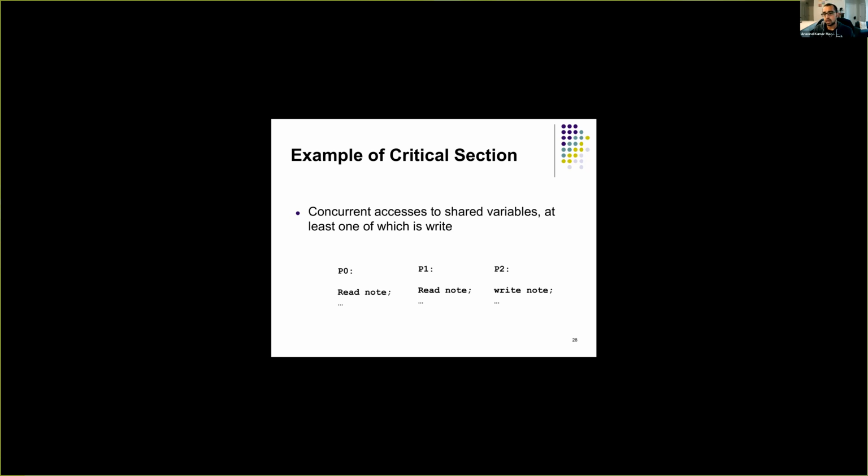Or rather, if all the processes are only reading the variable, then it's fine. However, if at least one process is writing the variable, then we want access to that variable to be considered a critical section. Because if every process is only reading a variable, it doesn't matter. However, if one of the processes is writing a variable, then all accesses to the variable should be considered a critical section.